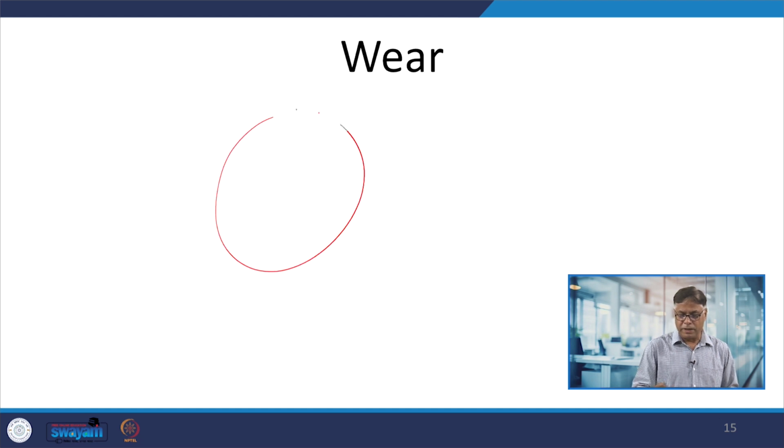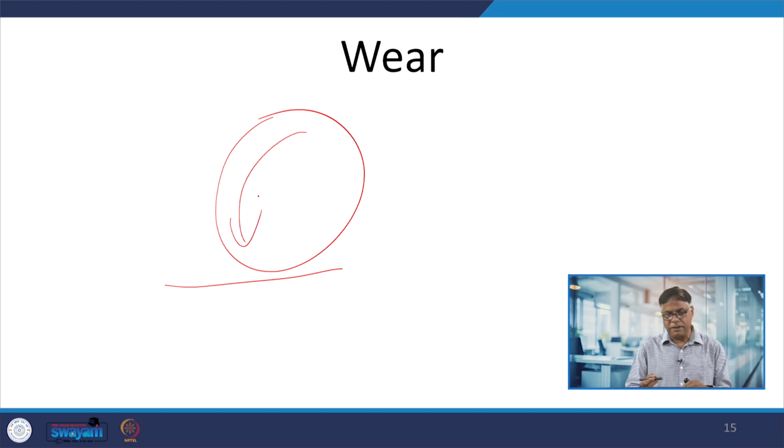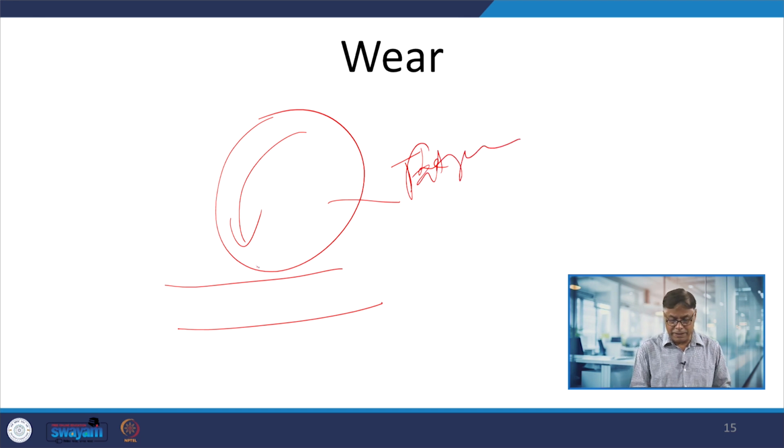Since the guides are there and the material is continuously moving, these experience fatigue conditions. Due to the fatigue, a thin layer of the material is removed in the form of chipping.